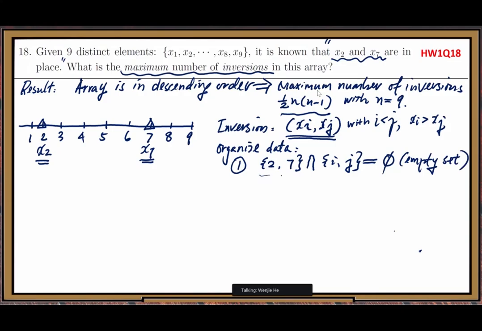That means in the first category, when we select an arbitrary pair, we exclude the x2 element and the x7 element. That's our category number 1. Can you count the maximum inversions in the first category? Do the counting. That's first. Second one.